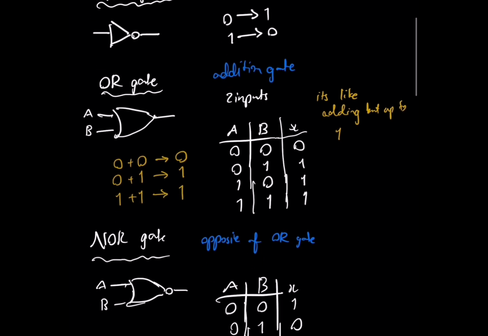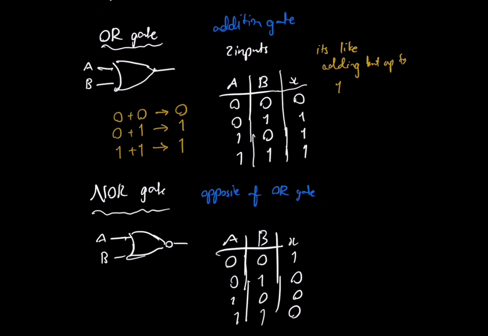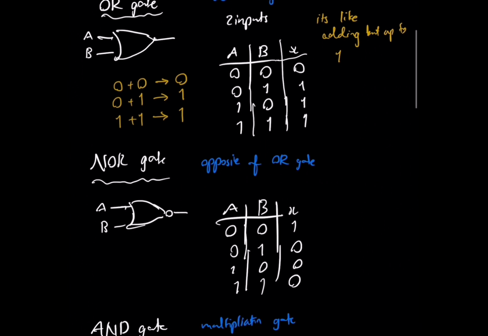And the NOR gate is just the opposite of the OR gate. So if you input 0 and 0 in the OR gate, it will be 0, but in the NOR gate it will be 1. And if you input 1 and 1 in the OR gate, it will be 1, but in the NOR gate, it will be 0.